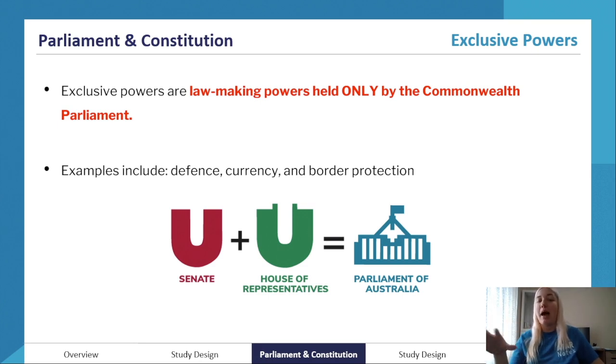Residual are the powers that belong to the states and the matters on which the states can legislate in. What I'm saying is, there are actually not that many exclusive powers, just because the whole nature of the concept, the Commonwealth level law applies to areas that refer to international trade relations, and so there's not that many.